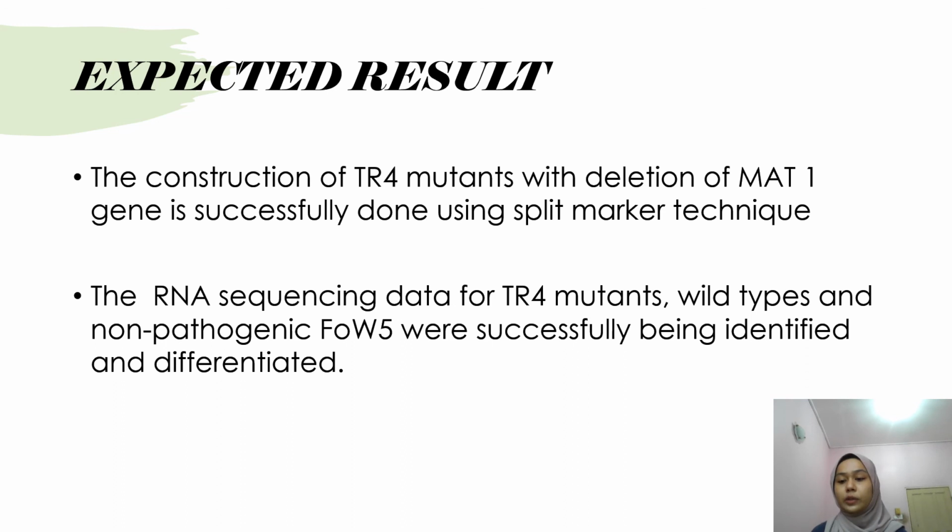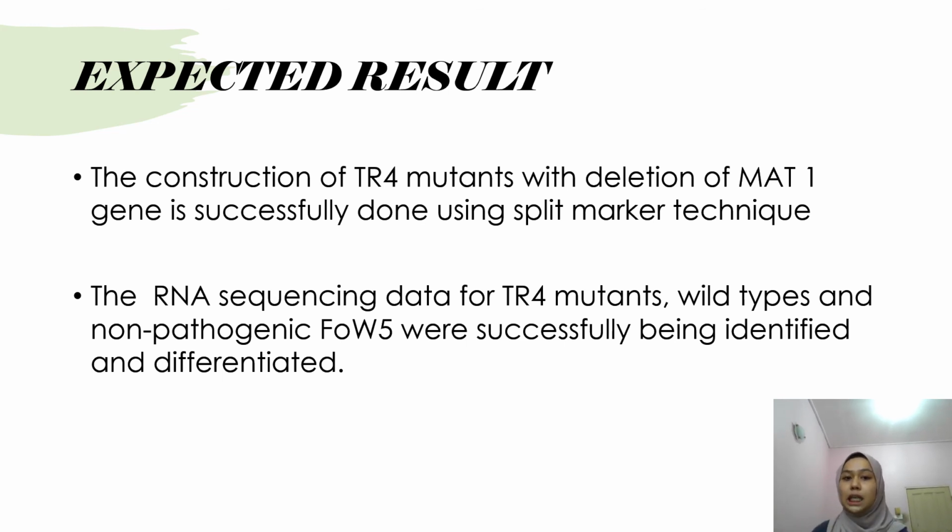As an expected result for this project, the construction of the TR4 mutant will be successfully done using the split marker approach. Next is the RNA sequencing for TR4 mutants, wild types, and non-pathogenic strains, where we will compare the sequencing data to identify and differentiate them.